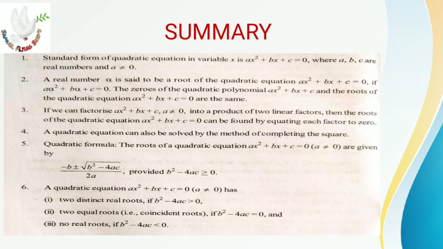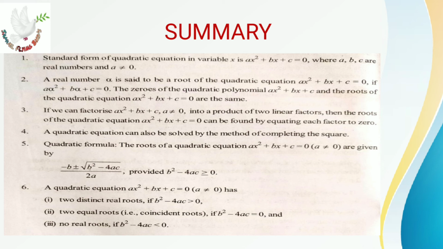This is the first case. Now the second case: a real number alpha is said to be a root of the quadratic equation ax square plus bx plus c if a alpha square plus b alpha plus c equal to 0.